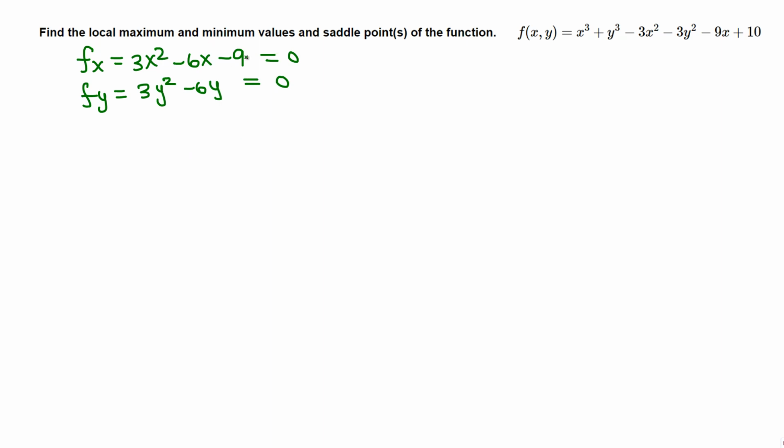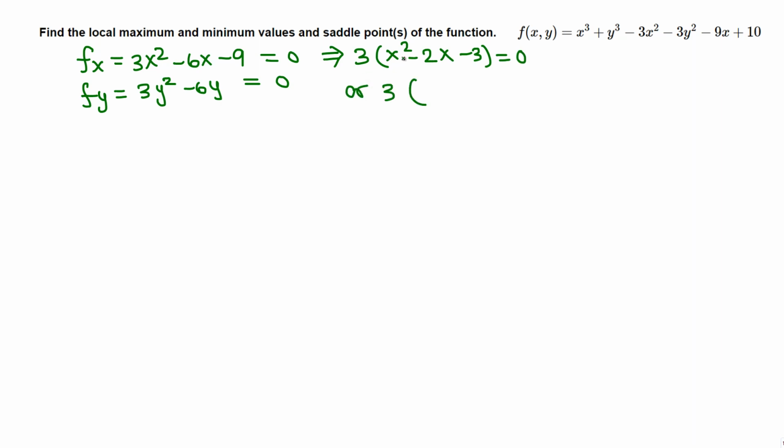So the first equation we can solve for x. It's a quadratic equation in x, and this one is also quadratic, so we can solve for y as well, so we can get the critical points. From the first, 3, 6, 9, we can factor 3 out first. x squared minus 2x minus 3 equals 0.